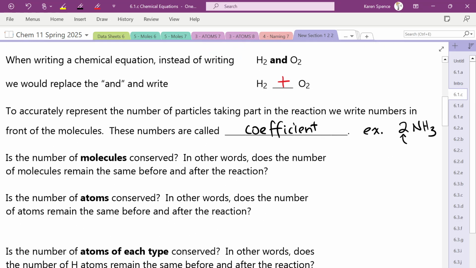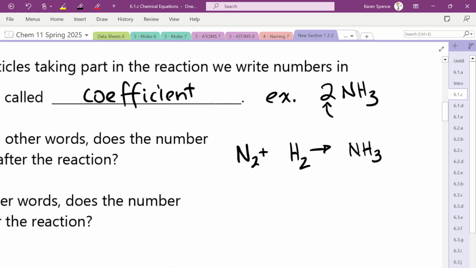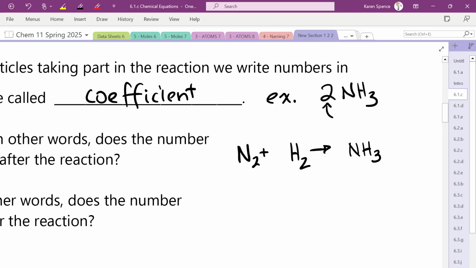Now I'm going to write down a little example here. N2 plus, and I'm going to leave a space, H2 gives NH3. This is the formation of ammonia.